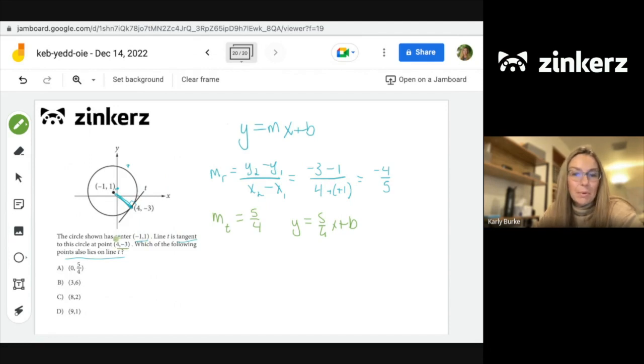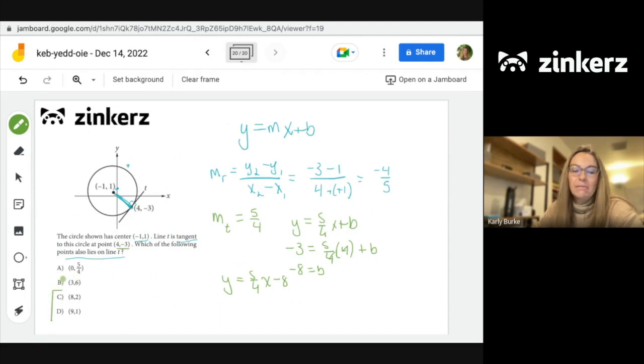Well, we have a point (4, -3). I'm going to plug -3 in for y and 4 in for x, and they actually make it kind of easy for you here because you can cross cancel those 4s, plus b, and we end up with b equal to -8. So now you have the equation of the line, which is y = 5/4 x minus 8.